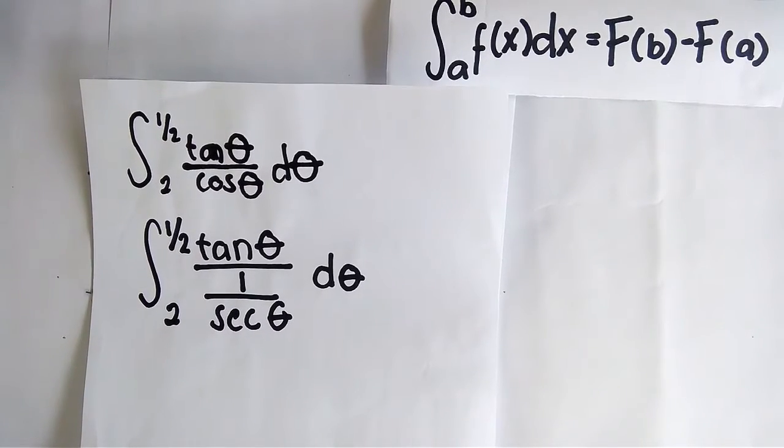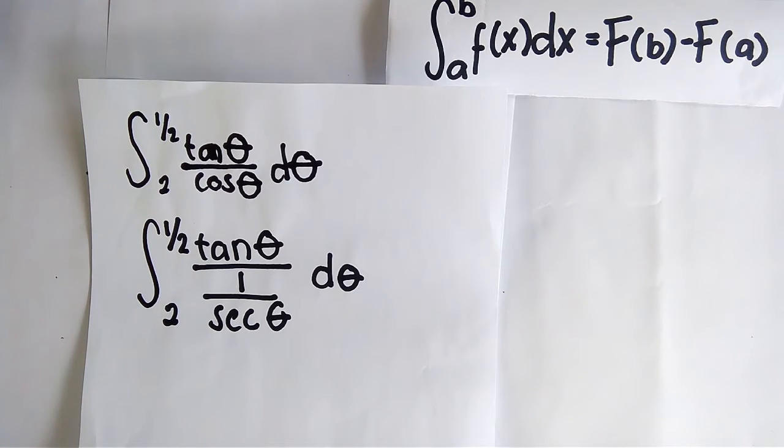So now we have tangent theta. So we use the identities of cosine theta. So we have 1 over secant theta d theta from 2 to 1/2.